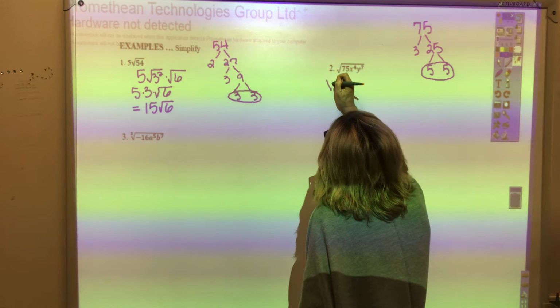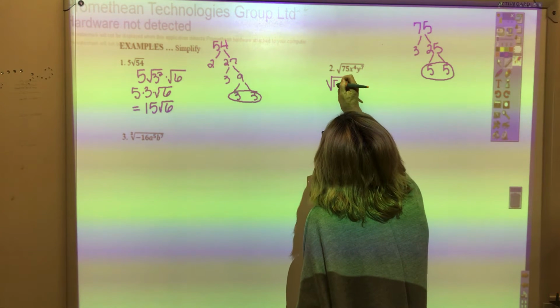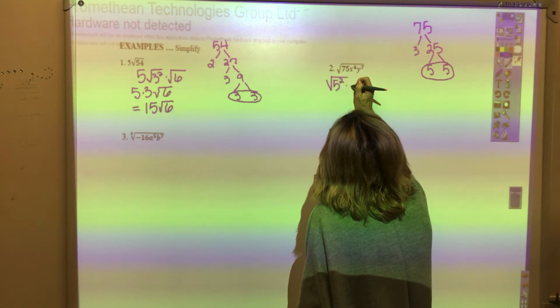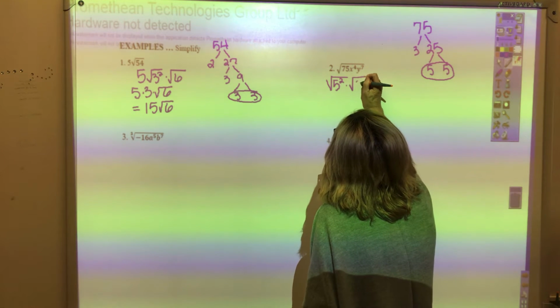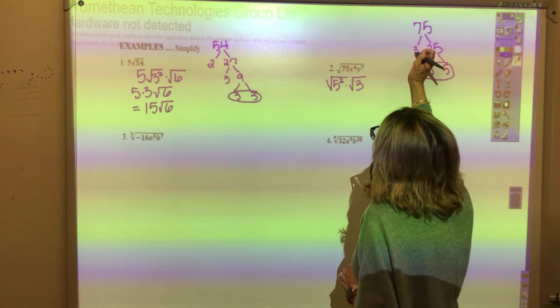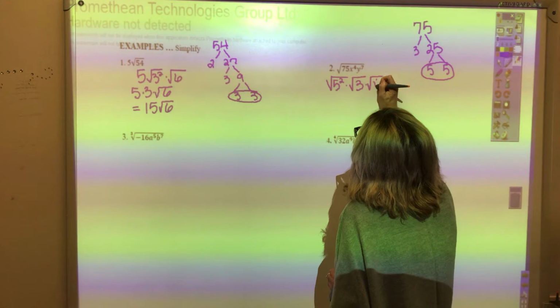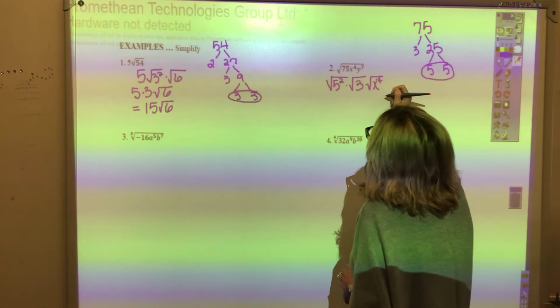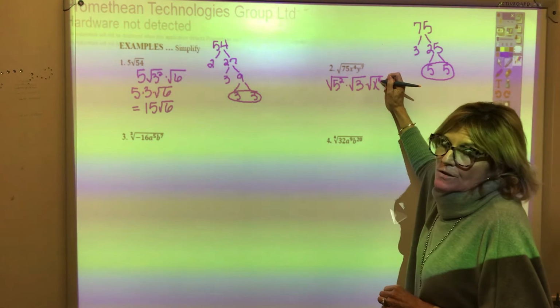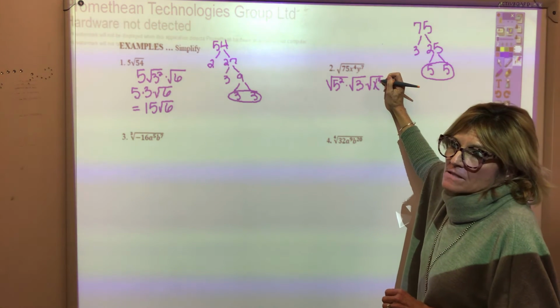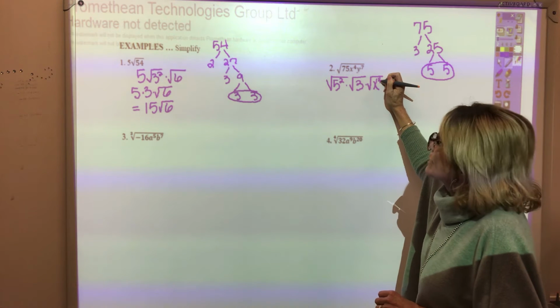So we can rewrite this as the square root of 5 squared times the square root of 3, because that's what we have left, times the square root of x to the 4th. Since I can divide 4 by 2, I don't have to break this down at all.